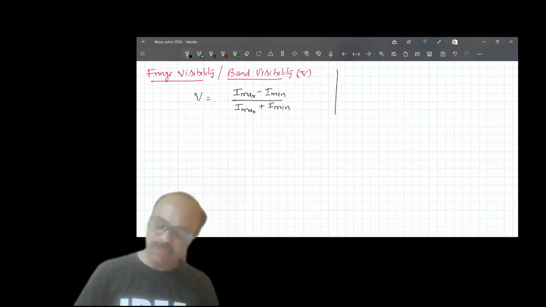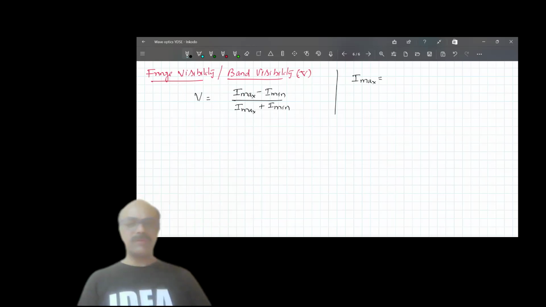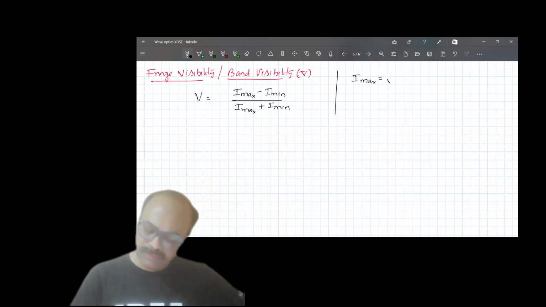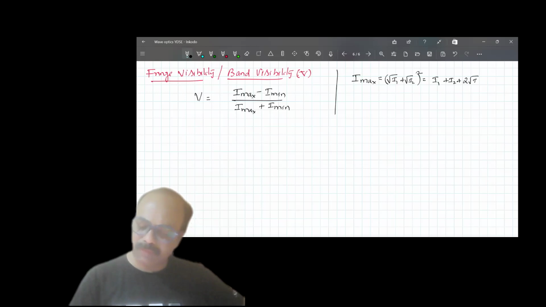First of all, we should know the I maximum formula. I maximum we know is (root I1 plus root I2) whole square, so we can write I1 plus I2 plus 2 times root I1 I2. I minimum is (root I1 minus root I2) whole square, which we can write as I1 plus I2 minus 2 times root I1 I2.